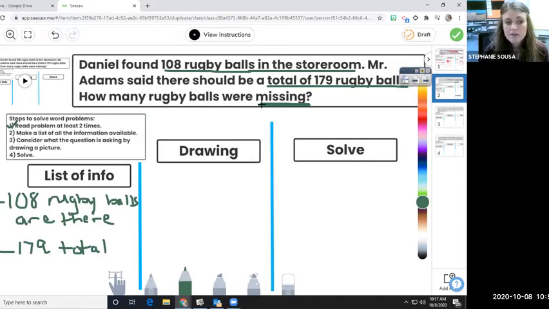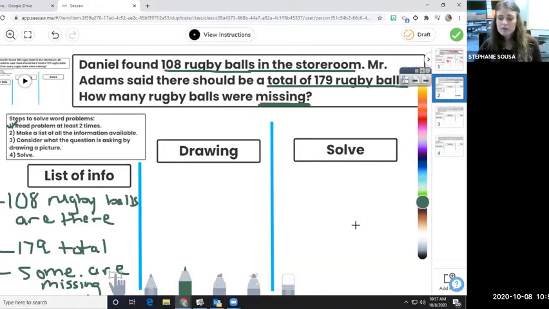We also know that some of the rugby balls are missing. That is some information that we got from the question. Some are missing. If some of the rugby balls are missing, we can imagine that the coach is saying, where are these?